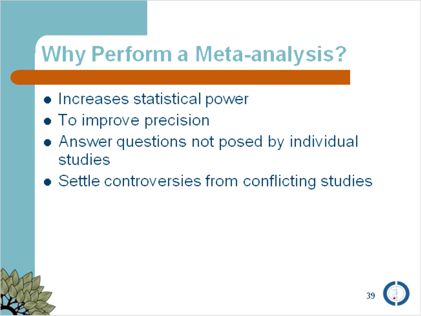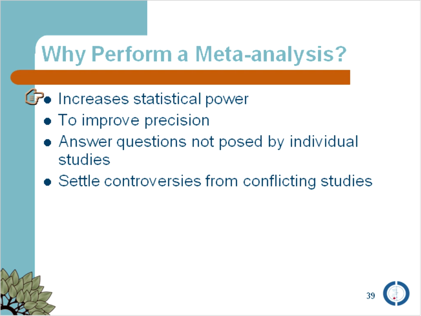Why do you perform a meta-analysis? It can increase the statistical power. All I mean by that is if you are operating in an area where you have quite a few maybe smaller trials, due to the nature of smaller trials, it can be difficult to see whether there's a statistically significant effect because you may not have enough people in your study.